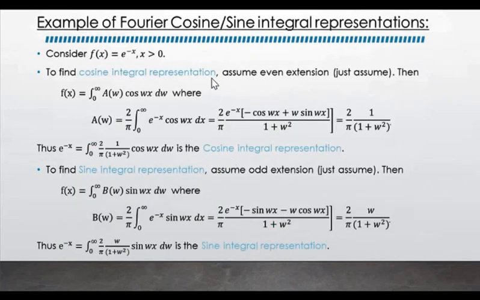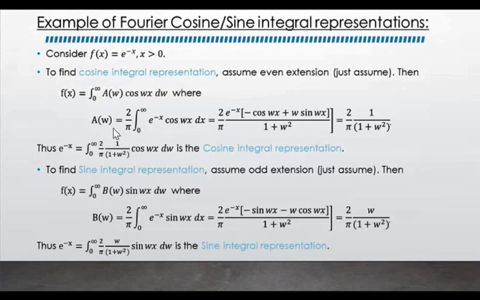Now we will see some examples. We have already seen, in the case of Fourier cosine integral representation and Fourier sine integral representation, how to calculate the Fourier cosine integral representation of e raised to minus x for x positive. There A omega was calculated to be 2 by pi integral 0 to infinity e raised to minus x cos omega x dx.